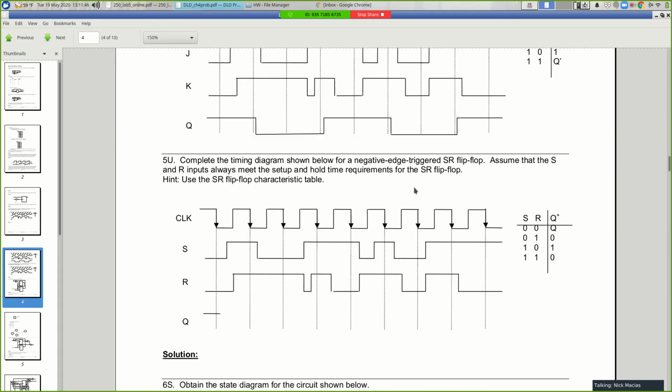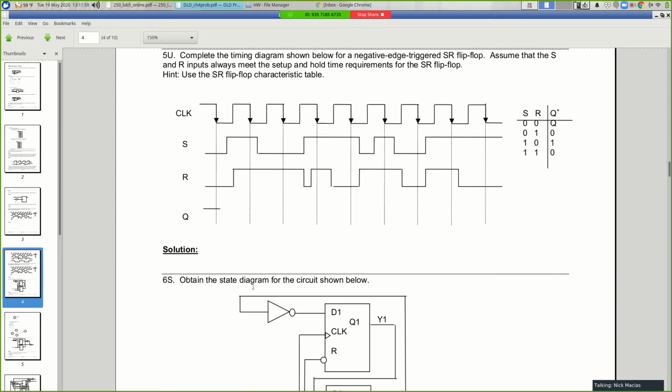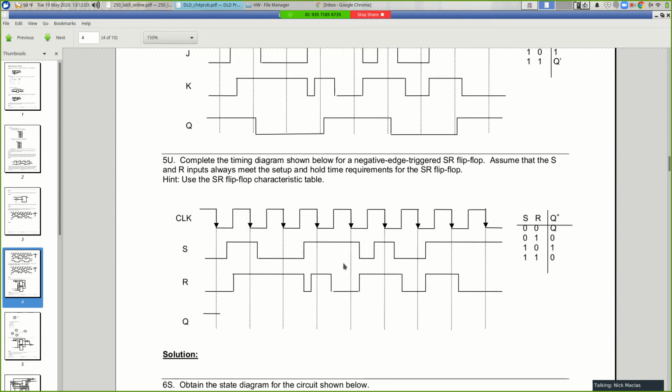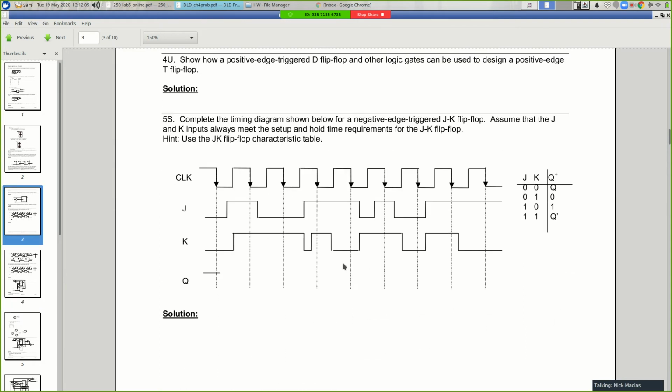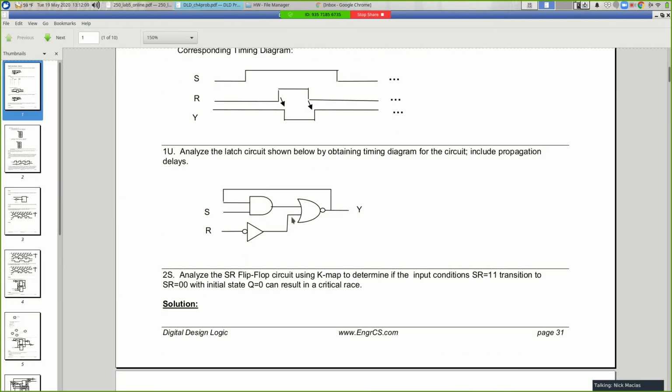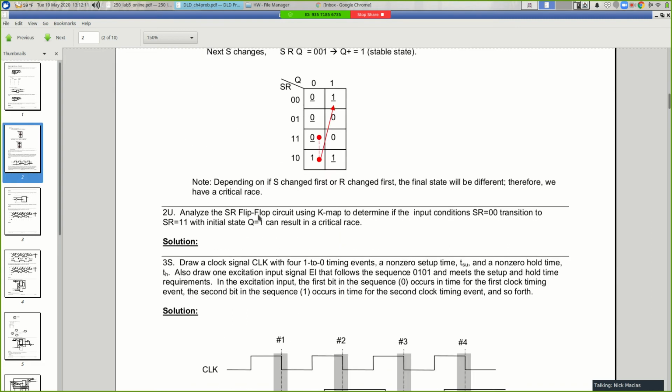And then question 5 is again looking at setup and hold times and basically completing a timing diagram. So show what Q does in response to these clock changes in the S and the R. And then 6 is a more scripted version of question 1, where you're just given a circuit and you're asked to construct the timing diagram.